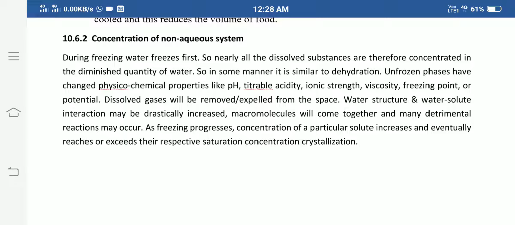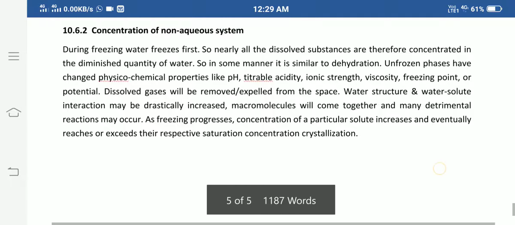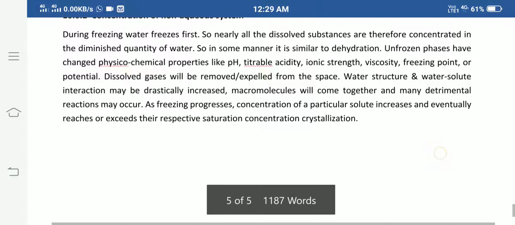Then concentration of non-aqueous system. The non-aqueous systems have a much higher concentration in the food system. So what is the effect of the concentration of the non-aqueous system? Water structure and water-solute interaction may be drastically changed.